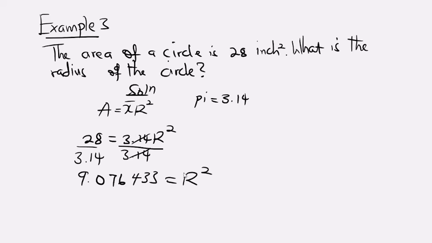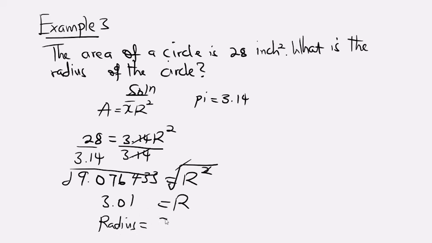So what do we do? We take the square roots on both sides. When you take the square root of this side, the square will cancel, and you have r equal to the square root of 9.0764333, which is 3.01. So therefore, the radius of this particular circle is equal to 3.01 inch. Okay, so that is it for when the area of a circle is given and you are required to find the radius of the circle.